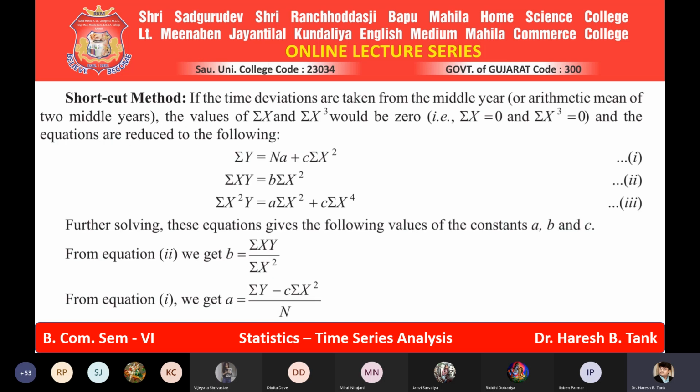Now, to get the values of a, b, and c, we have to solve these three equations. To get the solution of these three equations, I personally think that summation of x, by all means with all the methods available, you should make it 0, or else you'll be in big trouble.